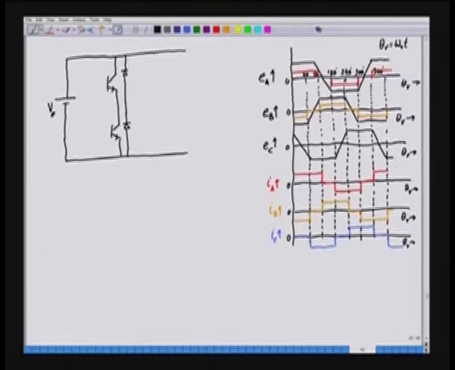Here we have the voltage Vd, and this is the input current, Id.